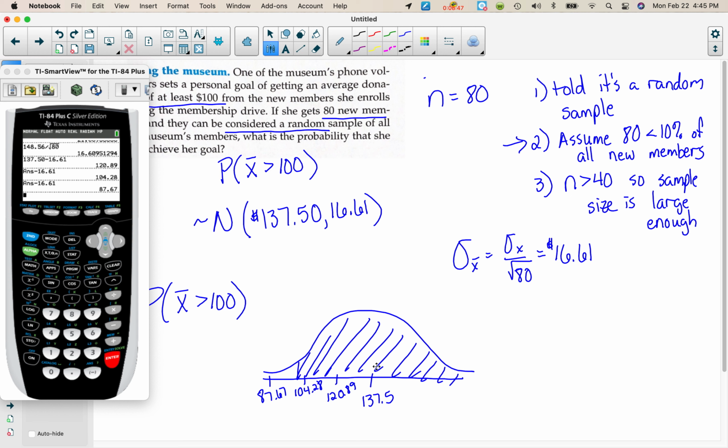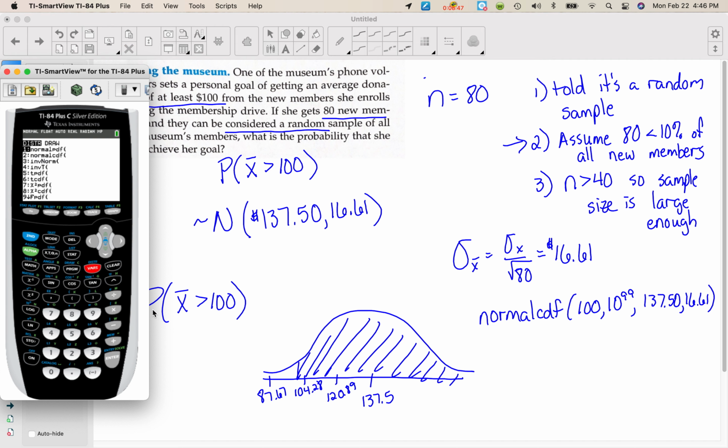Now this is my supporting work because I'm choosing to do normal CDF. My lower bound is going to be 100. My upper bound, something ridiculously high. My mean, and my standard deviation. So again, your picture is pretty crucial there. So normal CDF, and we're going to have 100.